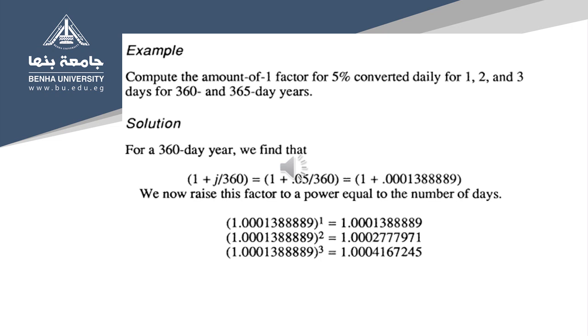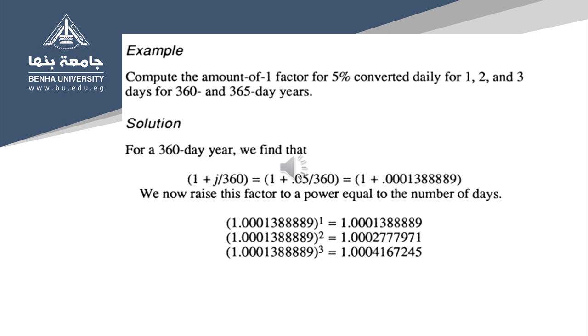Solution. For a 360-day year, we find that 1 + J/360 equals 1 + 0.05/360, and you can find the result. We now raise this factor to a power equal to the number of days: 1 day, 2 days, 3 days.